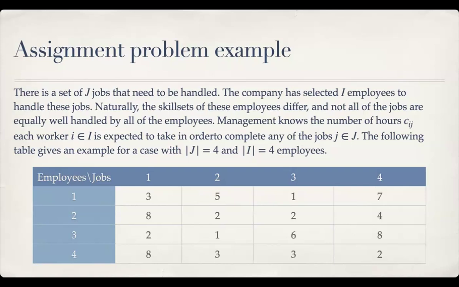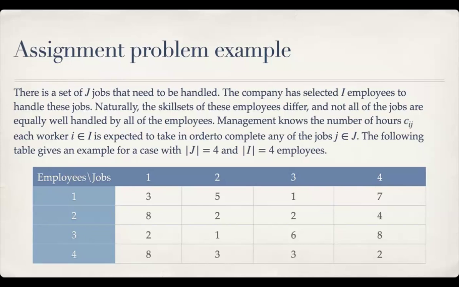It can take the value of 1 in only one position here. So this row summation must be 1. And for the second employee, the same: if we take the summation through this row, it must be 1. The same applies to this row and this row.